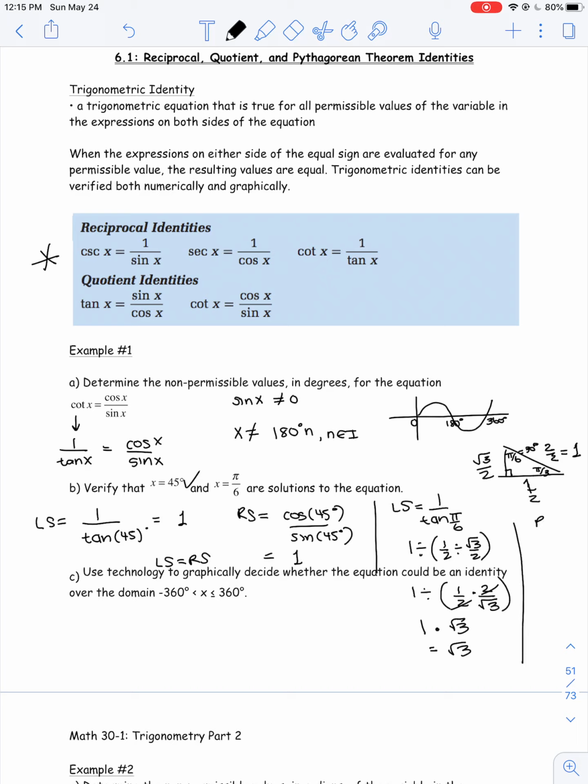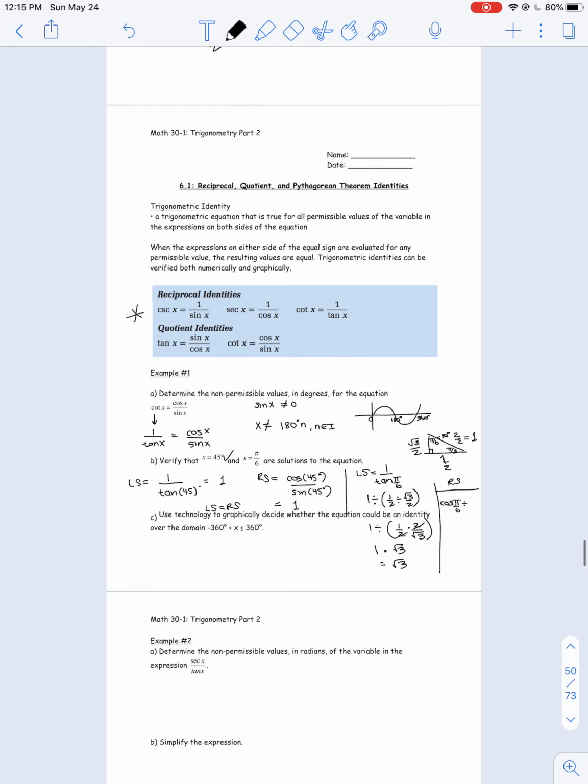Now I need to do the same thing for the right side of the equation, but I'm going to have to do cos of x. So that's going to be cos of pi over 6, and I'm going to have to divide it by sine, running out of space here. Let me actually just add a page, and that will make it easier here for me.